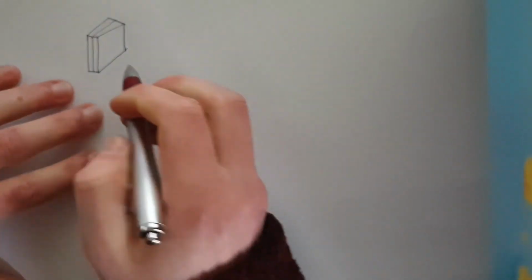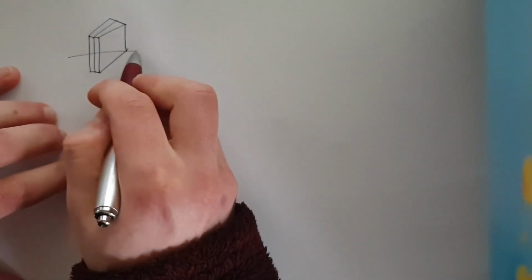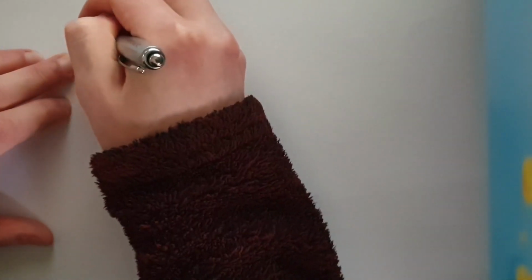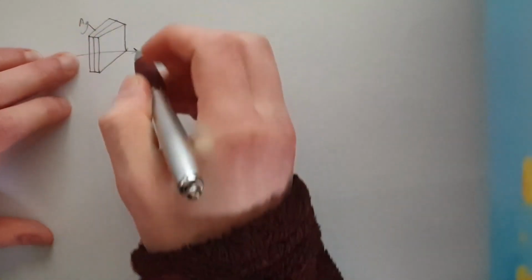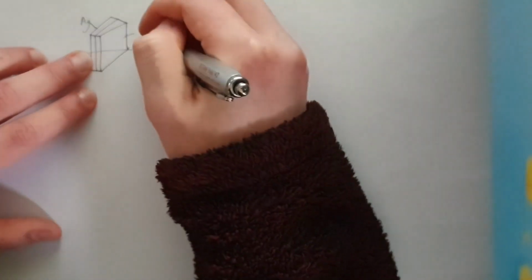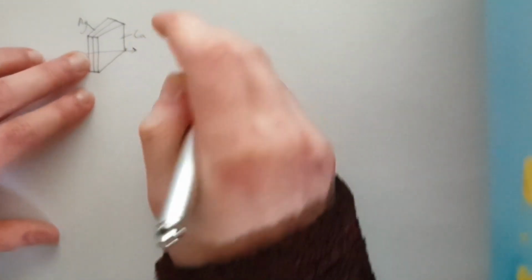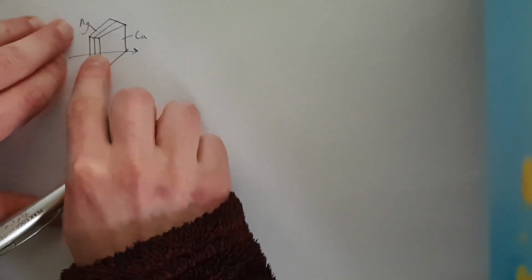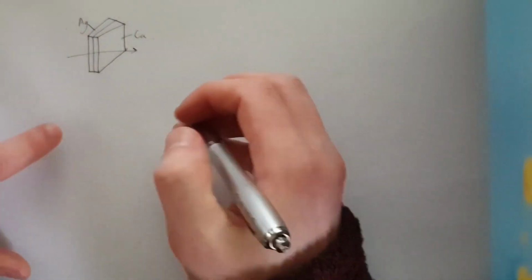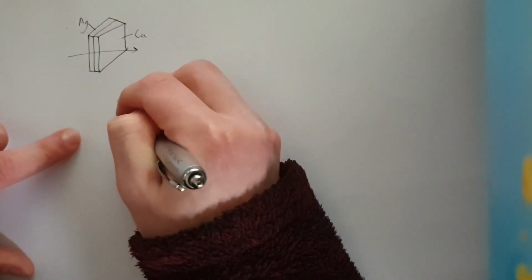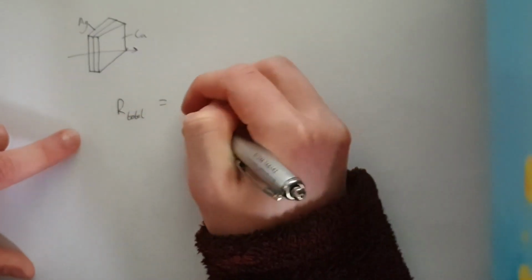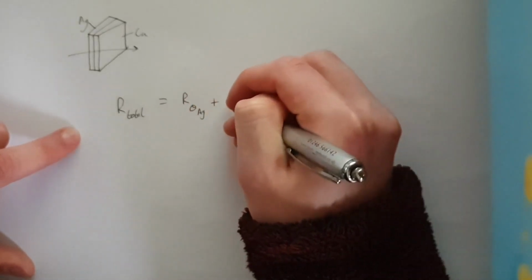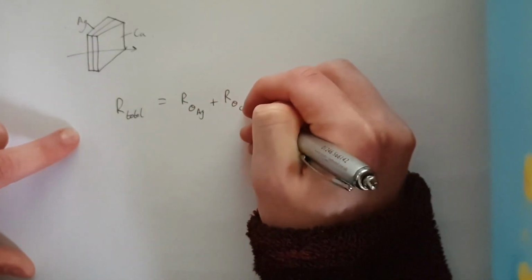So we can say that the heat resistance through this whole thing is going to be the resistance of the first one, of the silver, plus the resistance of the copper one, because the heat has to get through the first one and then it forgets what it's just been through and has to go through the second one. So the total resistance is going to be R total is equal to R theta Ag plus R theta Cu.